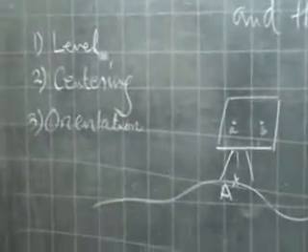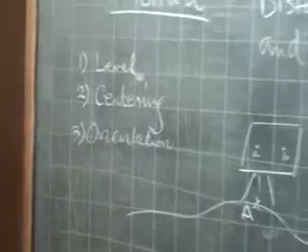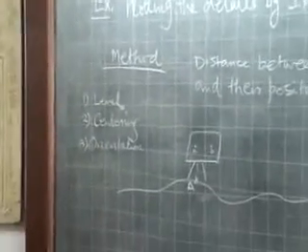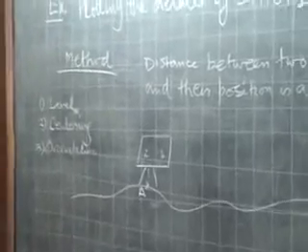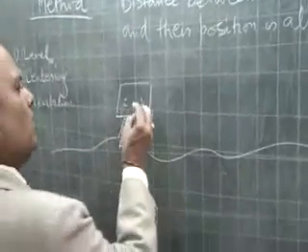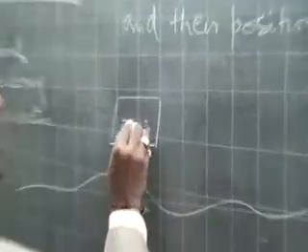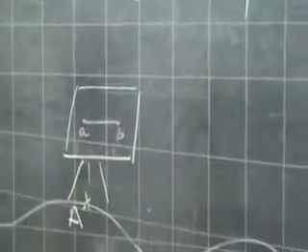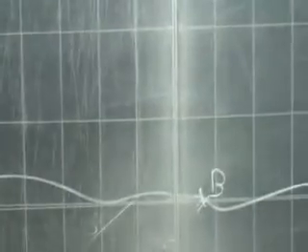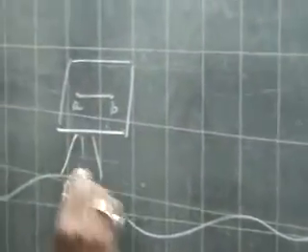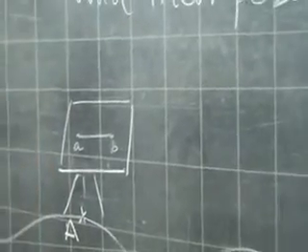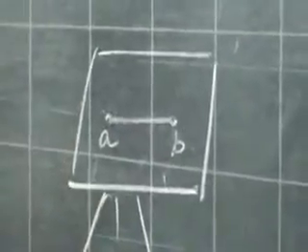Once we have finished that part, then we actually start the measurement and plotting part. In the beginning, we will ensure that this line AB, which is on the plane table, is parallel to the line on the ground. That means if our plane table is properly oriented, this particular line is parallel to the line on the ground. So now we have to start working from A.